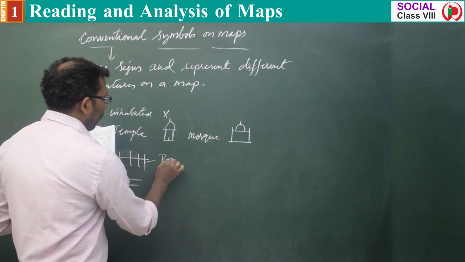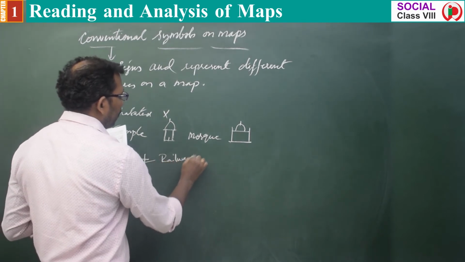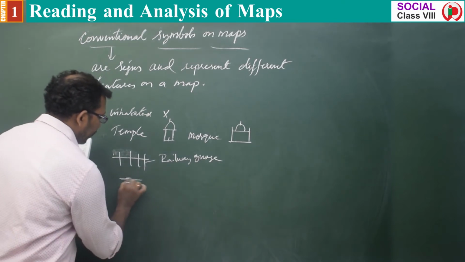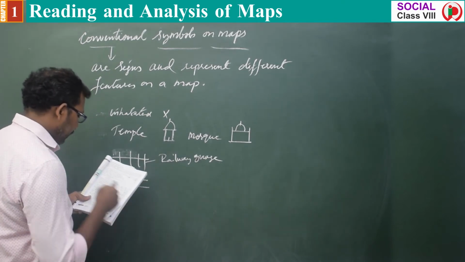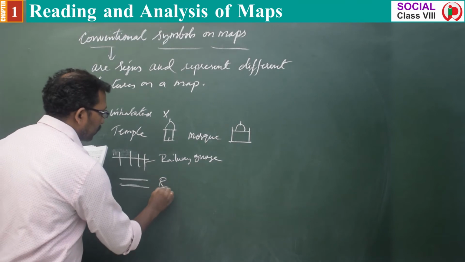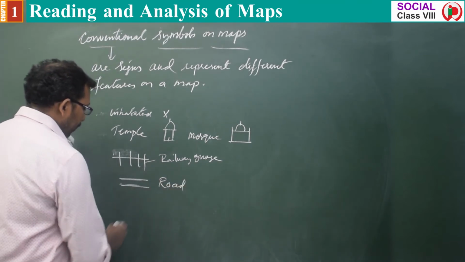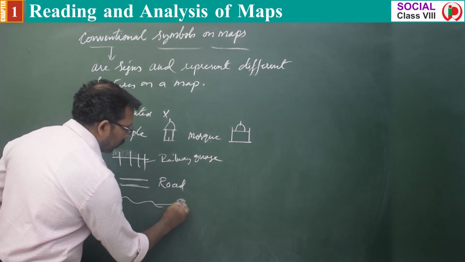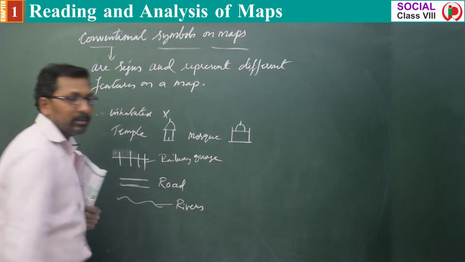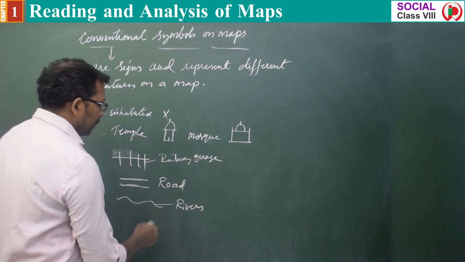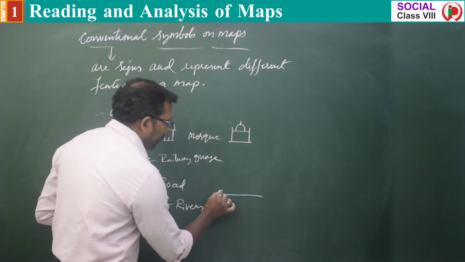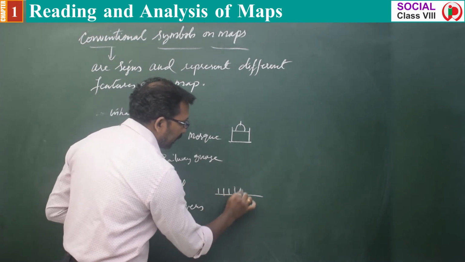This is a railway gauge. This represents the roads. Now if I draw like this, what is this? This symbol represents rivers. Similarly, if I draw only a line, and if I draw like this, what is this?